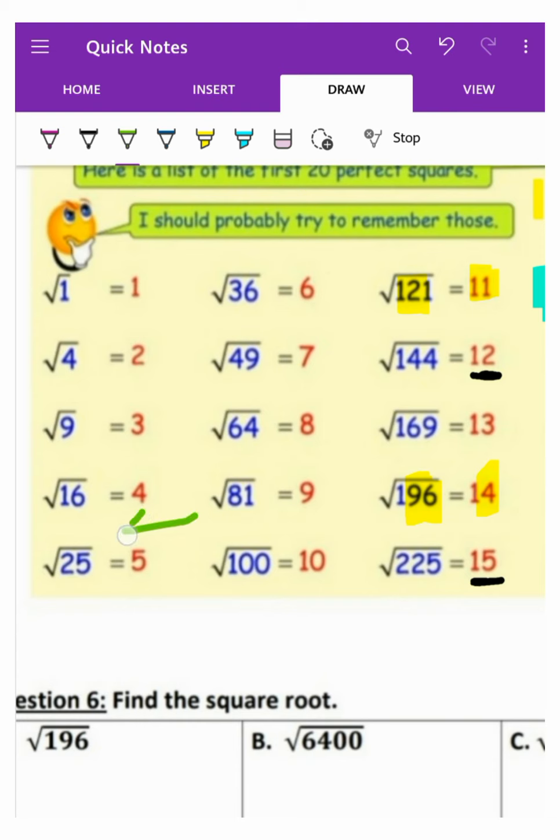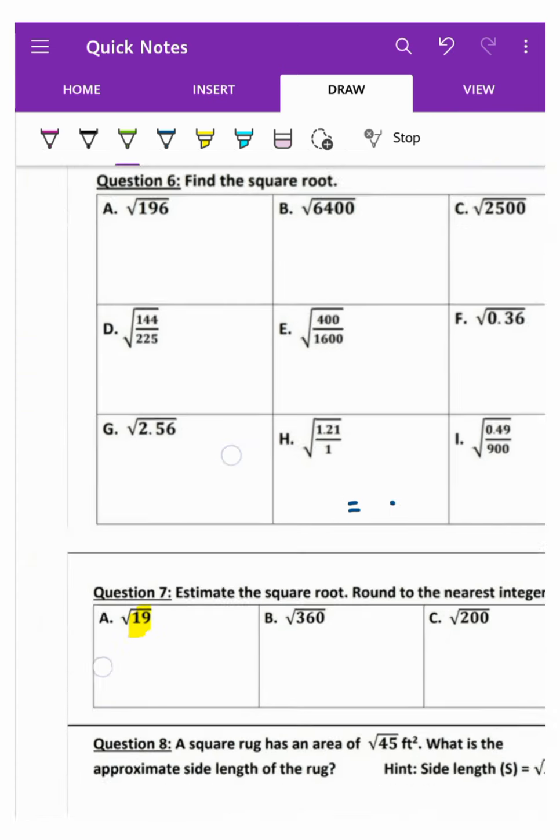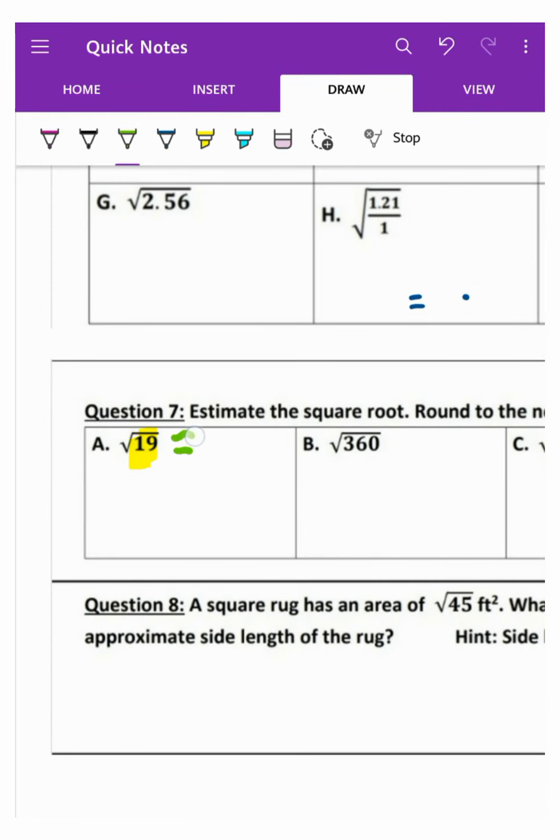It is near 16 or near 25, nearest 16 or nearest 25. As you see, it's nearest 16, so the answer here will be about 4.